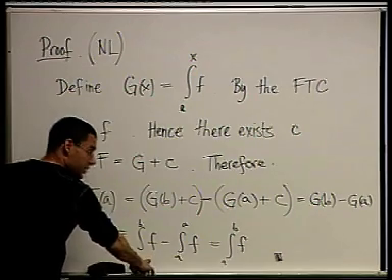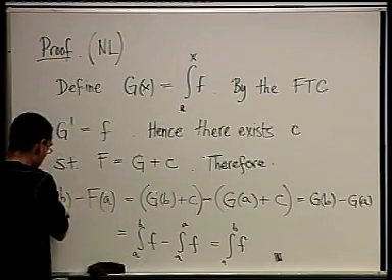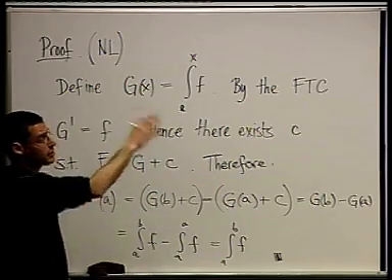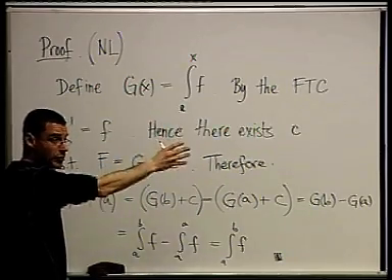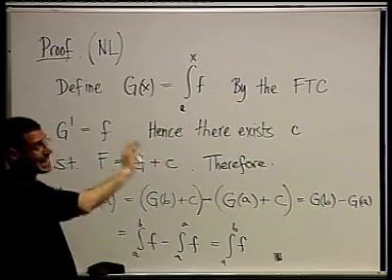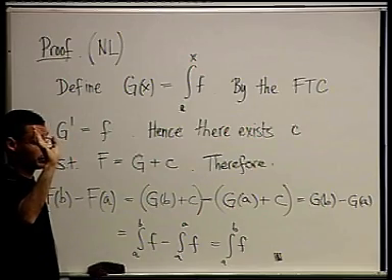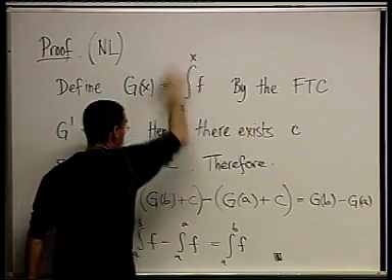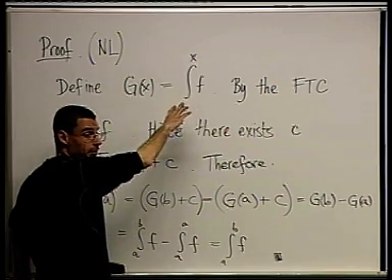F is not this. No, no, no. Maybe I confused you. In this corollary, F is not what F was in the fundamental theorem. F was an antiderivative of little f. That's why I use G here for what F was in the theorem.